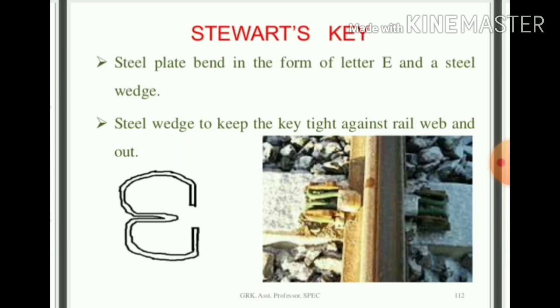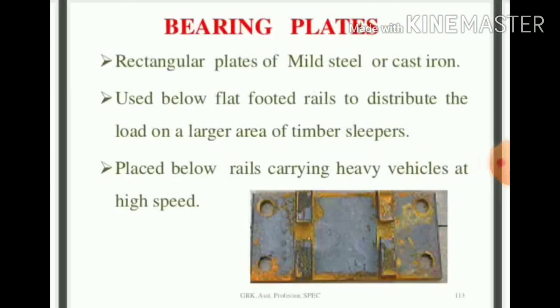The steel wedge keeps the key tight against the rail web. Next is about the bearing plates. Rectangular plates of mild steel or cast iron are called bearing plates, and in most of the cases they are used to connect flat footed rails to sleepers. In that case, the bearing plates are provided in between the rails and sleeper.